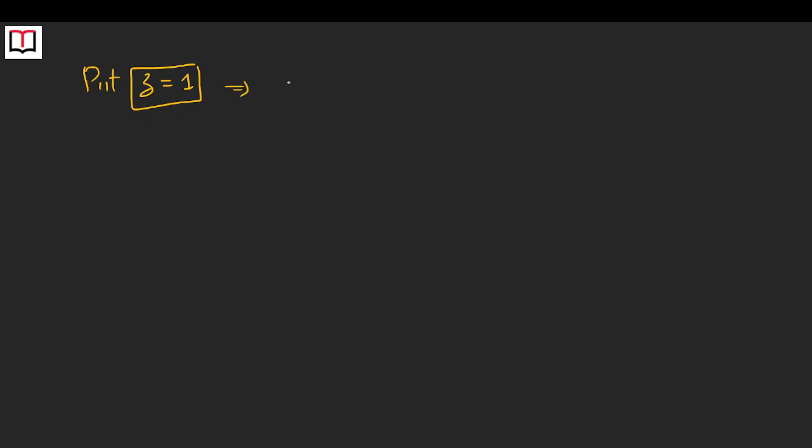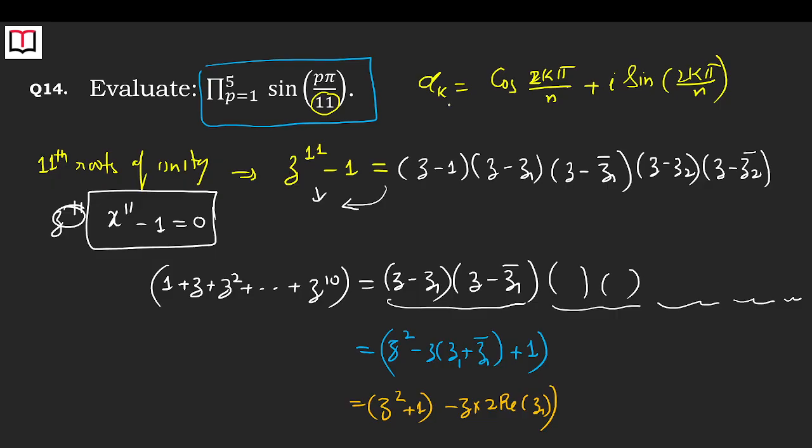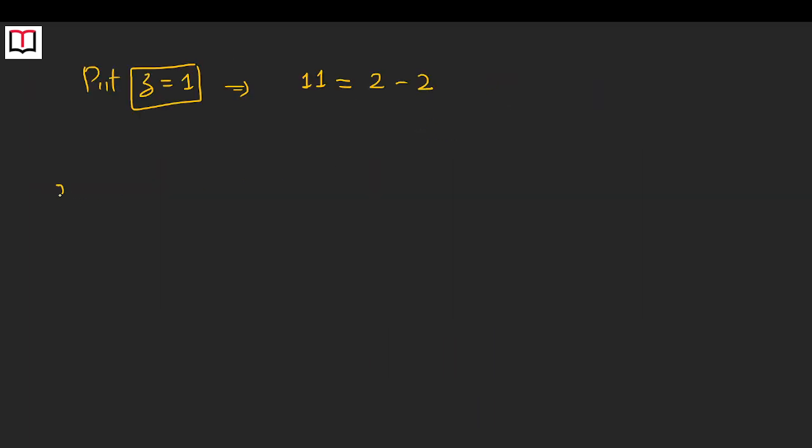So put z equal to 1. In LHS we get 11. In RHS it's 1 plus 1, 2, minus 2 times the real part of z1. As I said, alpha k, let's say zk, would have been cos 2k pi by 11 plus iota sin 2k pi by 11, for roots of unity.